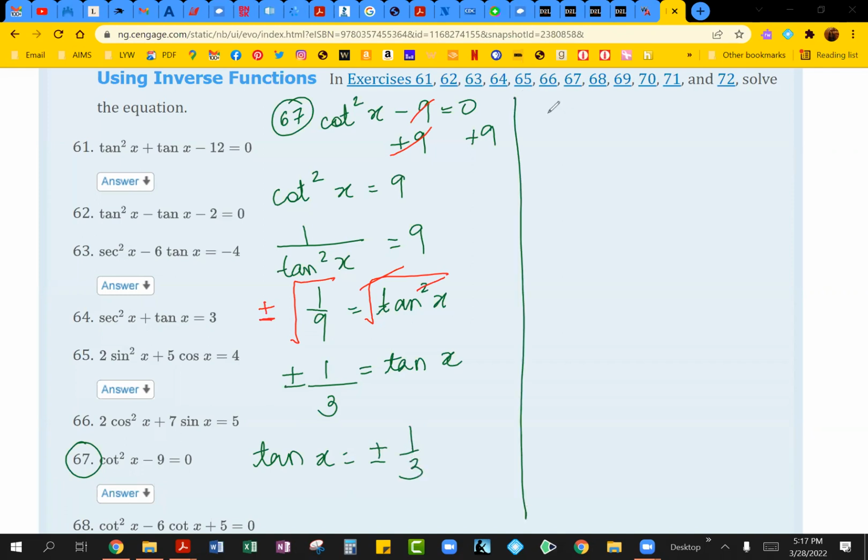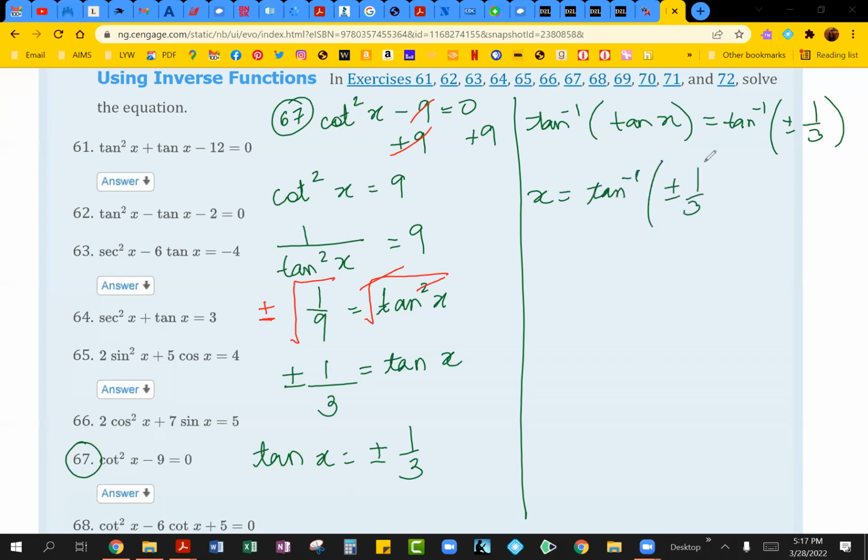And then remember, this is where we bring in the inverse functions. So you will actually end up with tangent inverse. Take that on both sides. Tangent inverse of plus or minus 1/3. So this will end up giving you x equals tangent inverse of plus or minus 1/3.